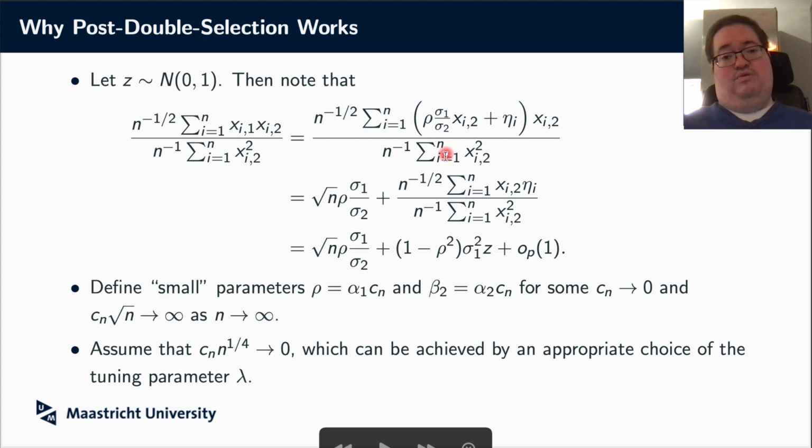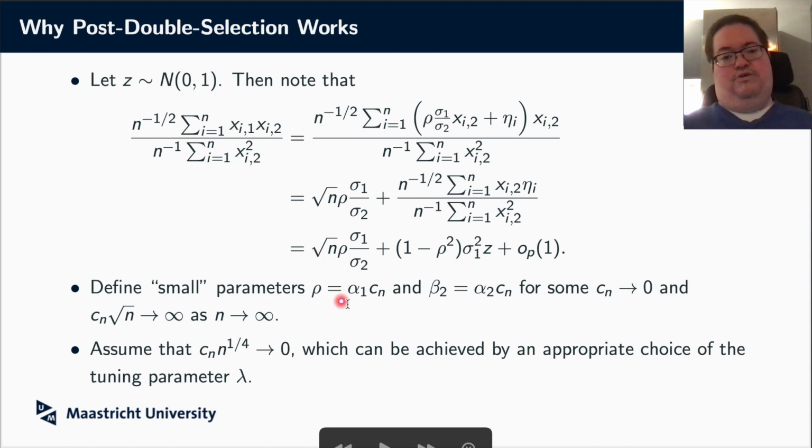So that part will cancel with this sum here, and we're left just with this part here. And we have the error term, if you want, that we created, the eta. And we know that this eta times x2 means 0 by construction. So we have square root n times some coefficient, so that's obviously going to be problematic. Plus this term here, which could of course also become problematic because it converges to something like a normal.